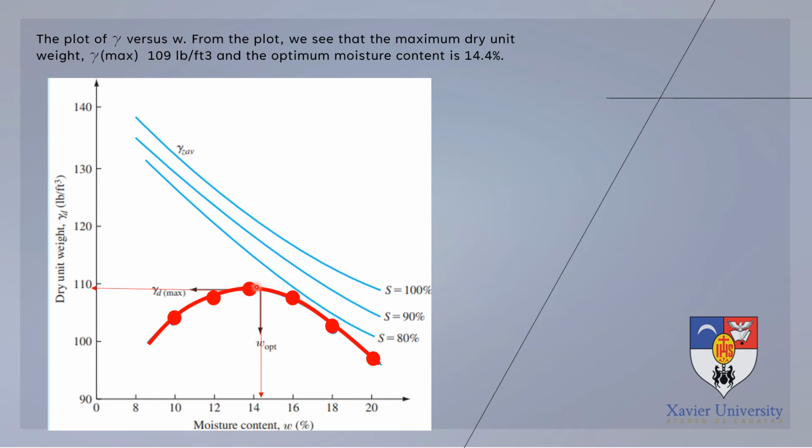Meaning, our dry unit weight is this maximum dry unit weight, and the optimum moisture content is this one. The implication is that our moisture content should always be equal to our optimum moisture content for us to be assured that our soil is in its densest state.